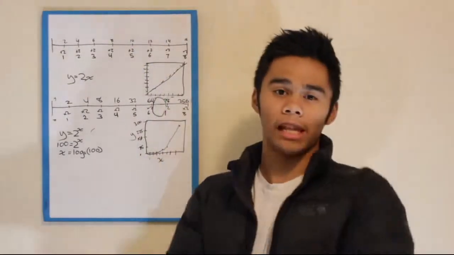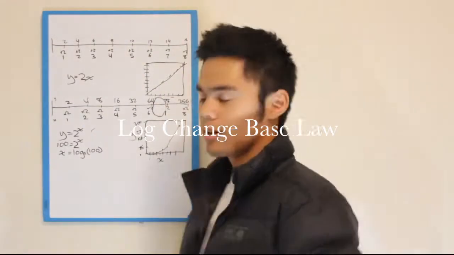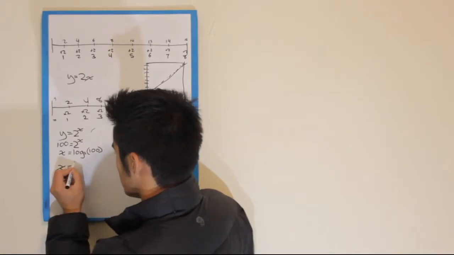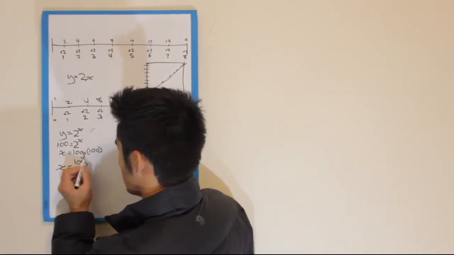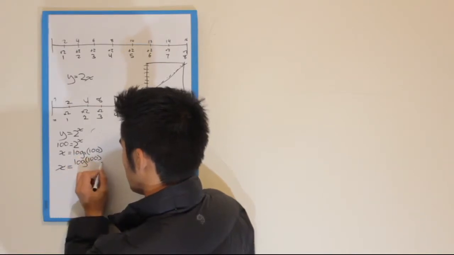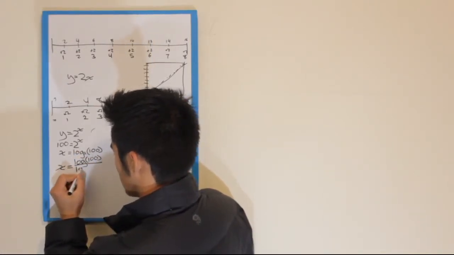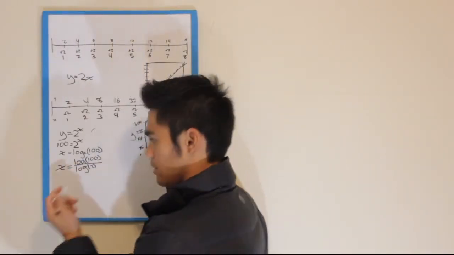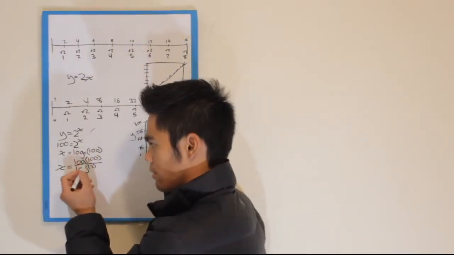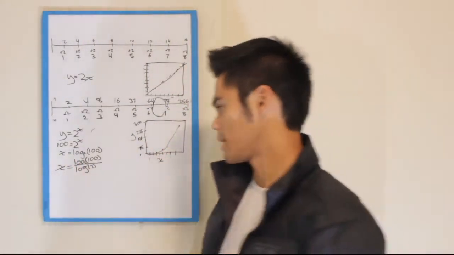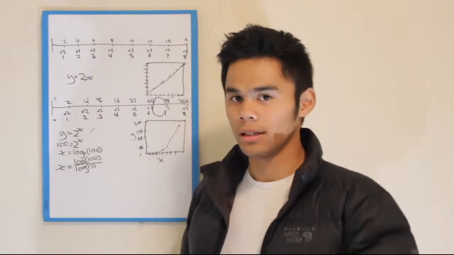Luckily, we have the log change of base law, which looks like this. X is equal to log of your power over the log of your base. So with this you can convert the base to whatever you want. So we are turning it into log base 10. Now that it's in log base 10, we can shove it all into our calculator. I'm gonna do that.